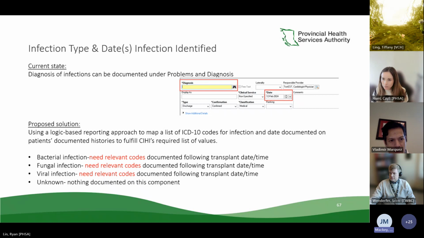So like the kidney program, a lot of it is done narratively. Okay, thank you for that. And Dr. Winifred? Yeah, I think at Children's most of our new diagnoses would be charted under problems and diagnosis, but if it were recurrent urinary tract infections, we don't necessarily enter every single infection as a separate problem.